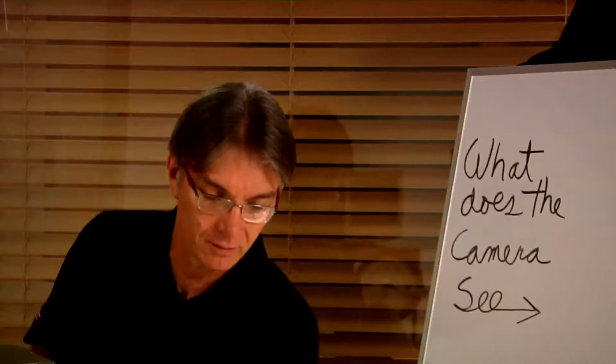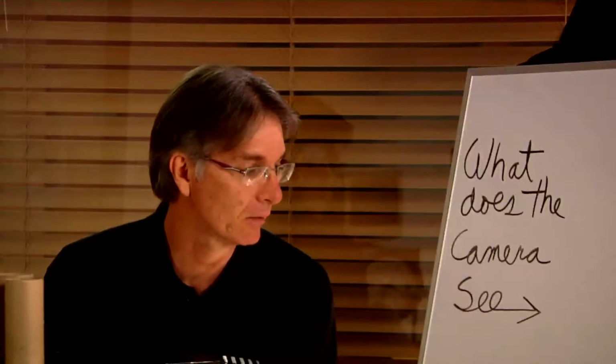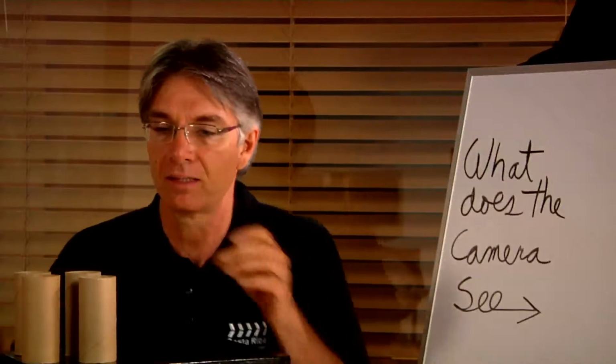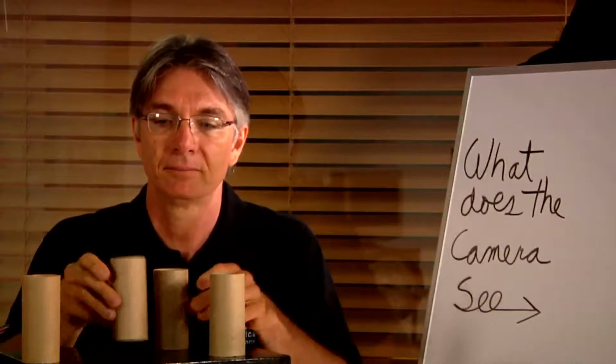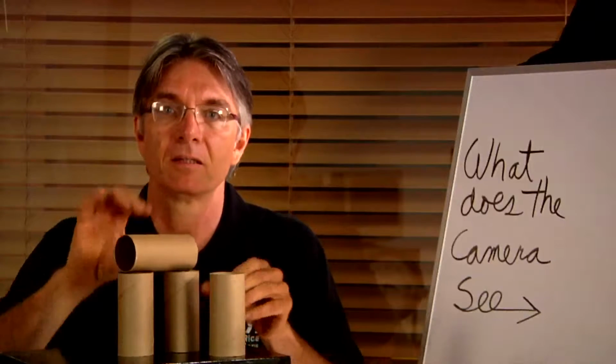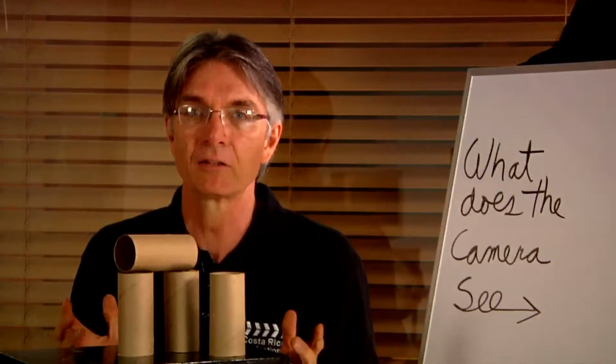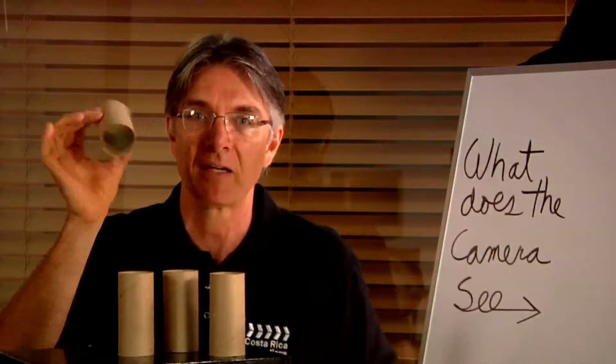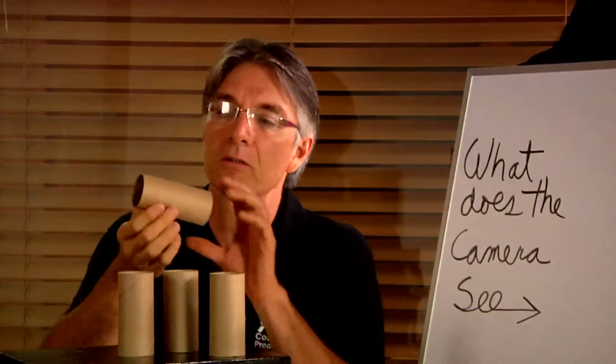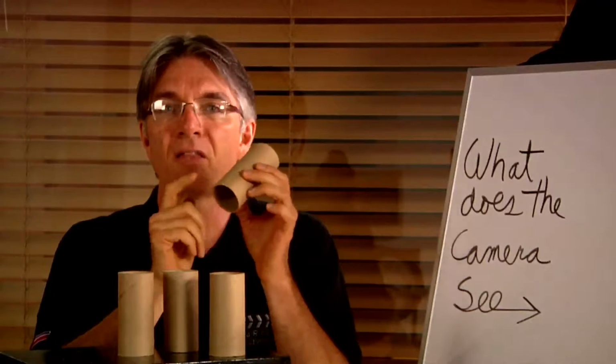So let me present the first item here in our class. Ta-da! This is the center of a toilet paper roll. You can find this in your home, or you can also use the center of a kitchen towel.